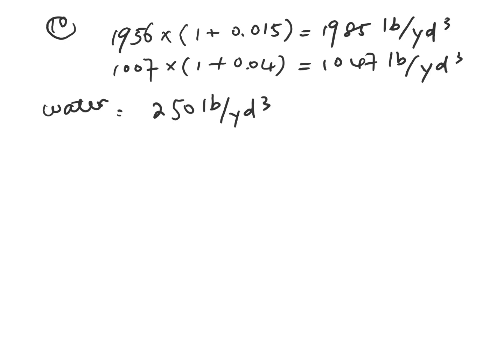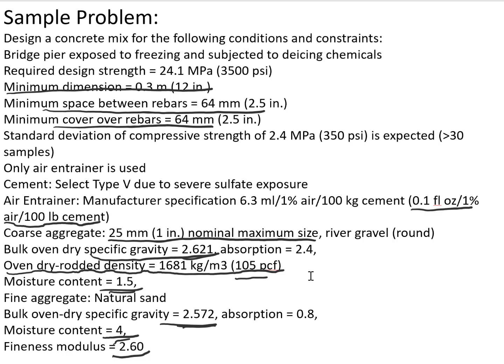So for the coarse aggregate, we know that the absorption value is 2.4 and the moisture content is 1.5, which means it needs more water to reach the SSD condition. So we need to calculate this amount of water.